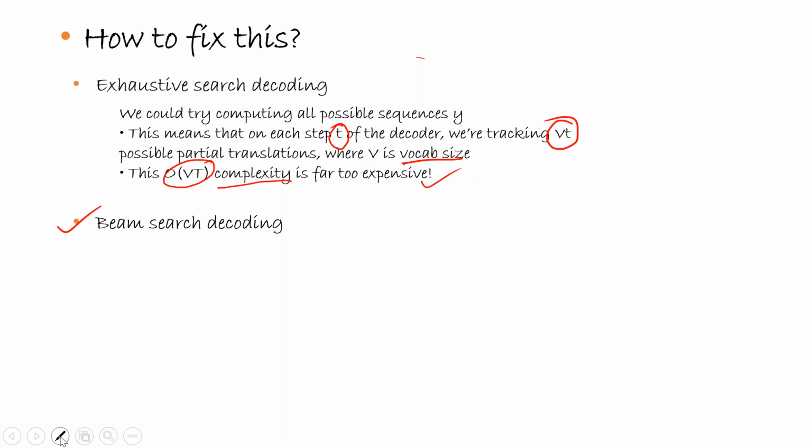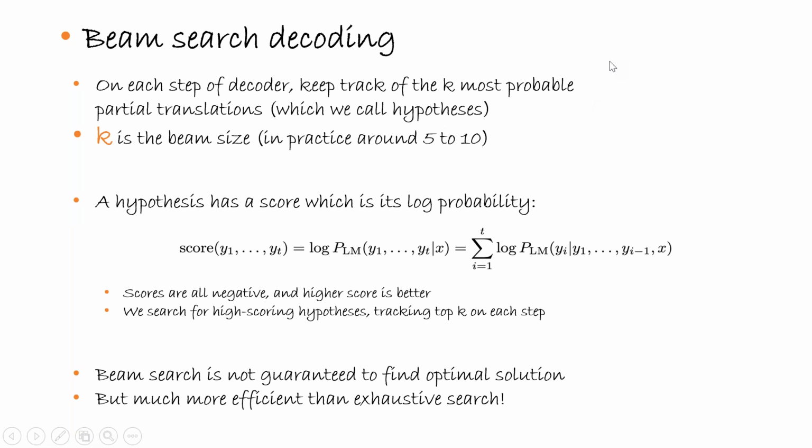Let's go over it. What we do in beam search is, on each step of the decoder, we keep track of the k most probable partial translations, which we call hypotheses. Let's say k is the beam size.